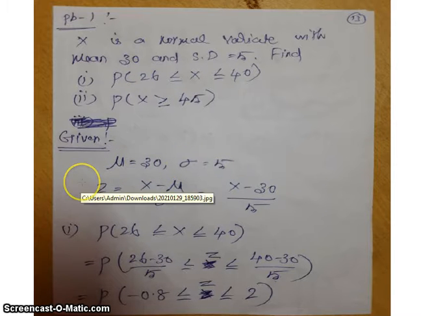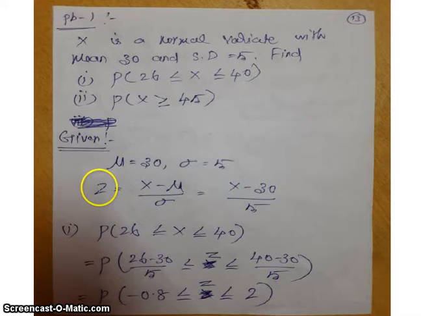So first calculate the standard normal variate z equal to x minus mu divided by sigma, that is x minus 30 divided by 5. These are the x values given: greater than or equal to 26 and less than or equal to 40. First calculate the z value for these two values.